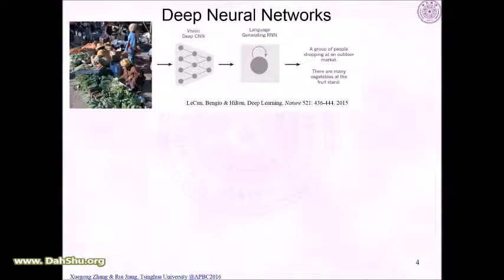So actually, people call it deep learning because they want to do that. For example, when we see this picture, we can get the understanding that it shows a group of people shopping at an outdoor market. They want a machine to do that. So there must be multiple layers of information processing from this to that.